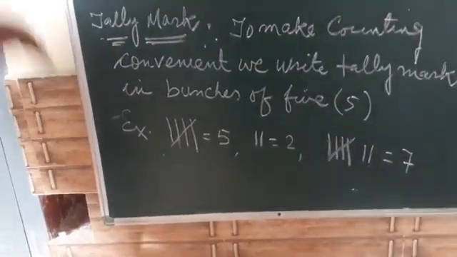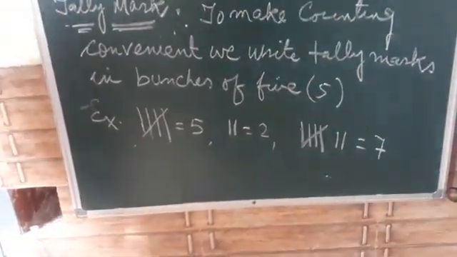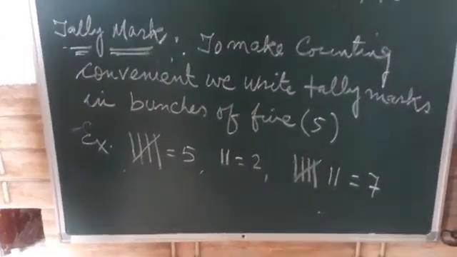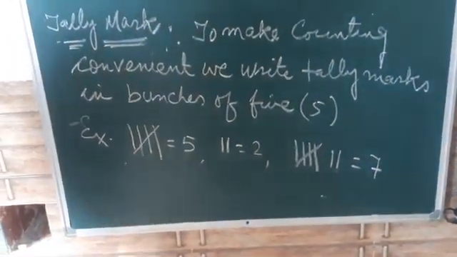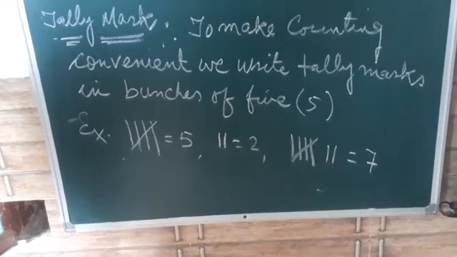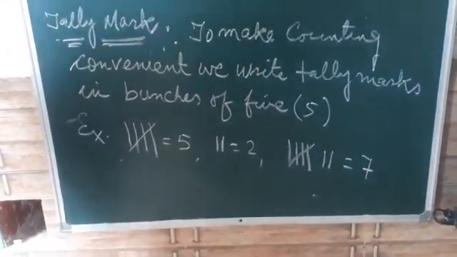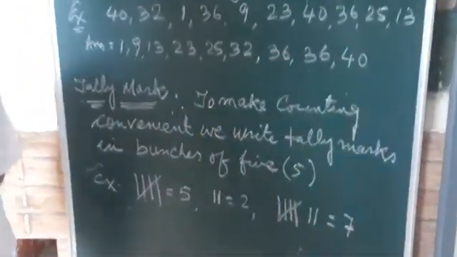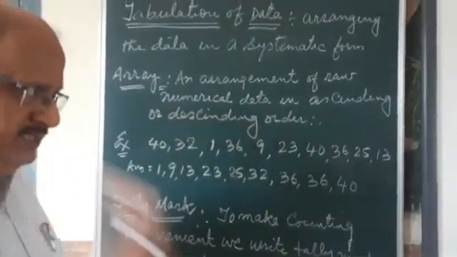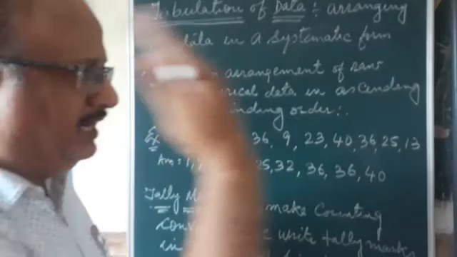How are we going to present this in a frequency distribution table? Frequency means the number of times an observation occurs. How the data is made into a frequency distribution table, or how we arrange the data, we will discuss today. Let us take an example.